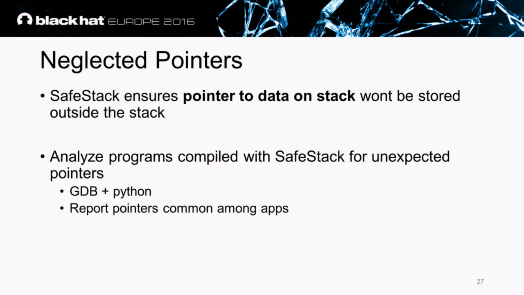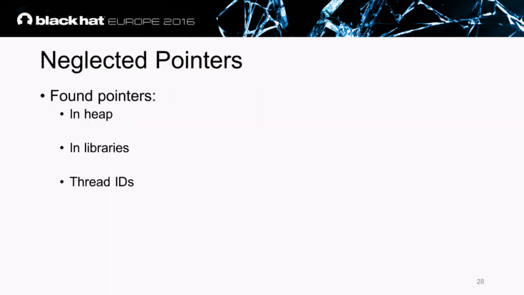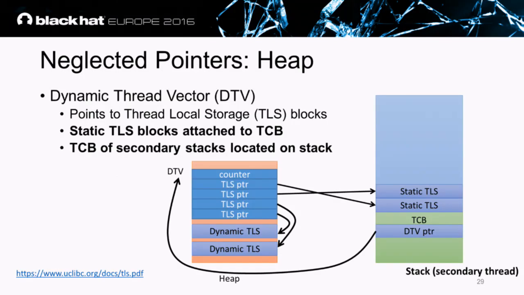So we collected the stack locations and then just went over the memory and collected addresses that would point to the collected stack regions. And then we manually verified the pointers. So we found pointers and we categorized them in three groups. We found pointers in the heap, we found pointers in libraries, and something very interesting are the thread IDs. We will look at that.